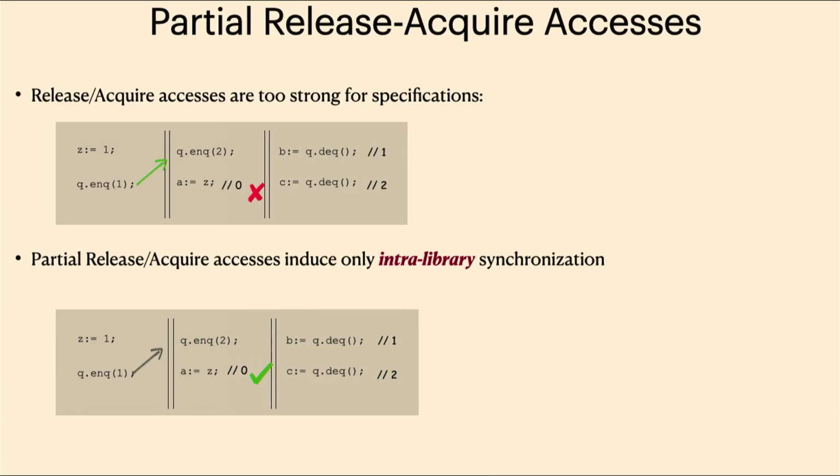I'm just curious about what level of relaxed behavior you support. So while specifying this, you can use partial release and partial acquire, but in the implementation, what we have is all relaxed accesses. Are these all the annotations you support? Yeah. Okay, thank you.